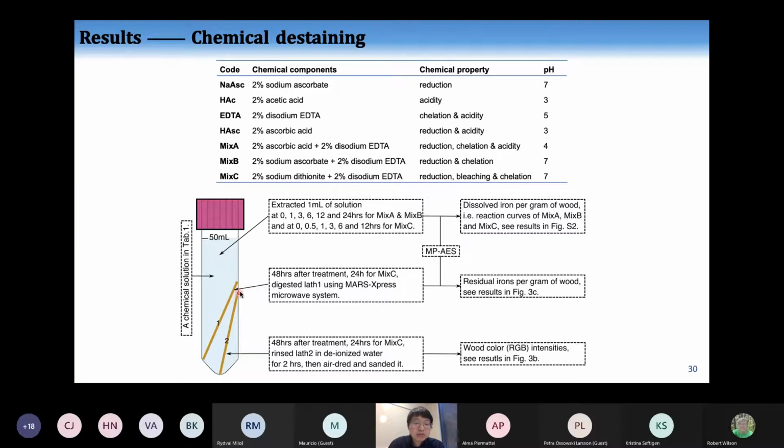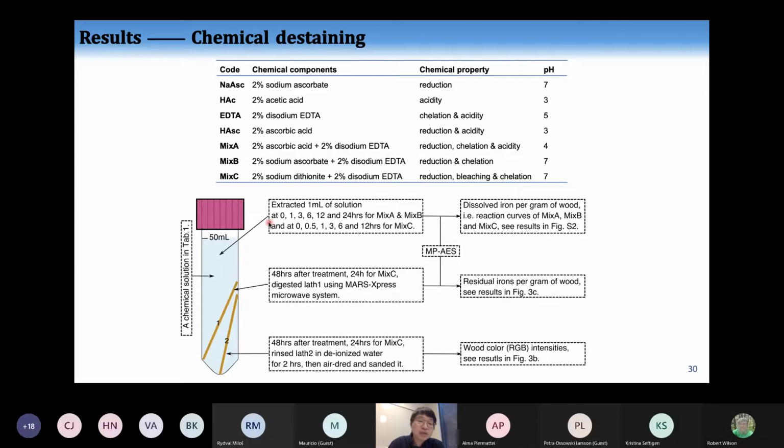2 pieces of wood from the same sample were immersed in a chemical solution. 48 or 24 hours after treatment, 1 piece was digested in order to quantify the iron concentrations remaining in the wood, while the other piece was used for the measurement of color intensities.